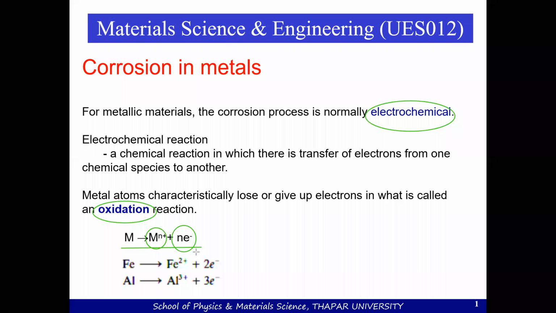The typical examples are, let us say you have iron, then iron has a tendency to liberate 2 electrons and gets converted into ferrous ion. So Fe gets converted into Fe2 plus, or aluminium gets converted into Al3 plus with a liberation of 3 electrons. So depending on the valency, the material has different oxidation states.